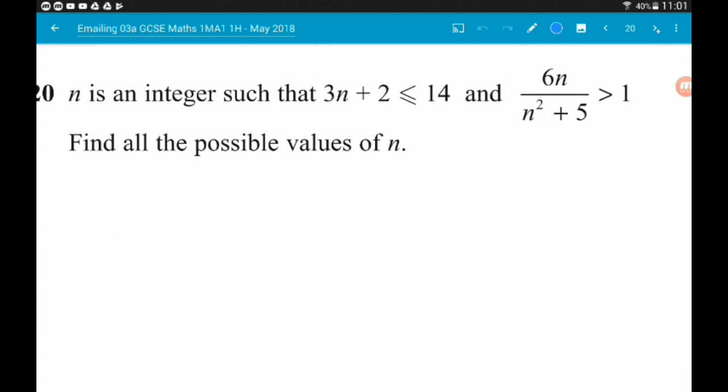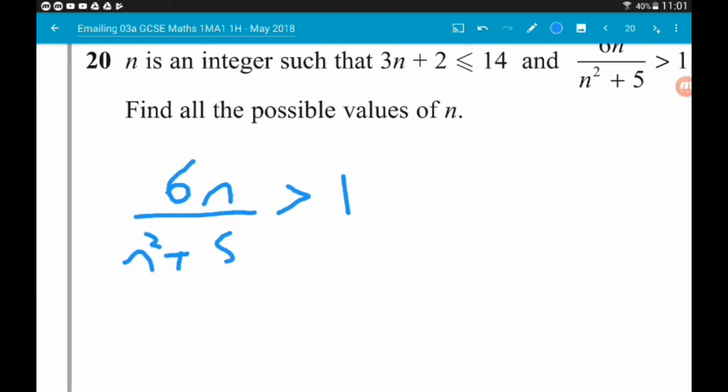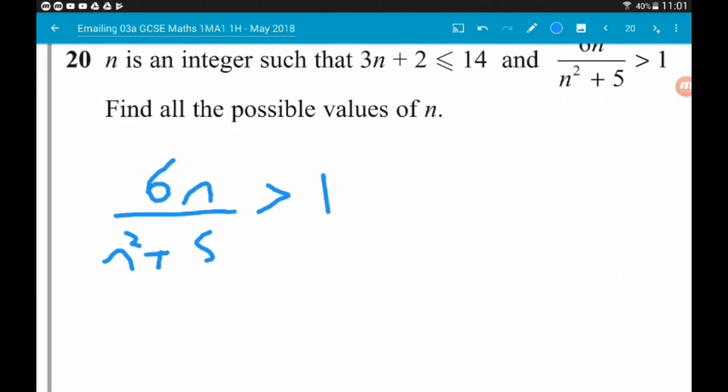So let's start off then with 6n over n squared plus 5 is greater than 1. Okay, so we don't want n squared plus 5 on the bottom of the fraction.